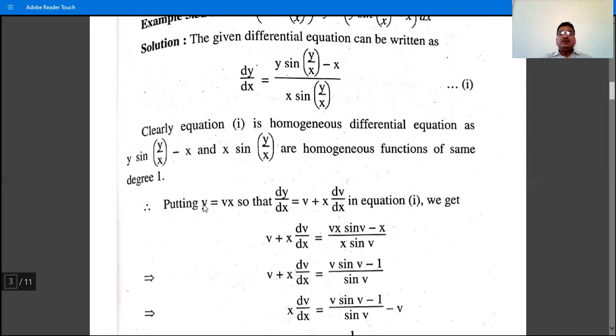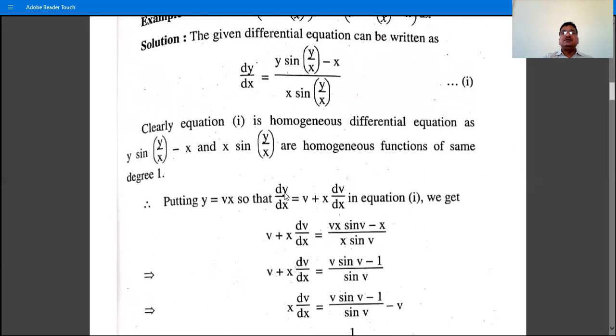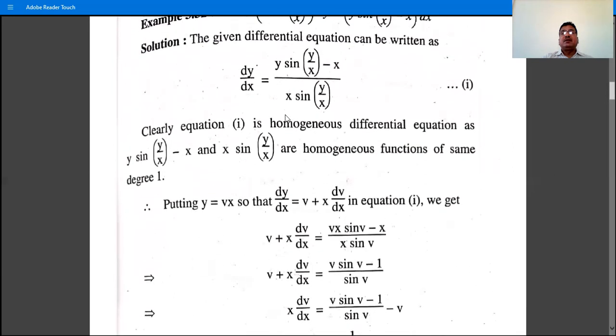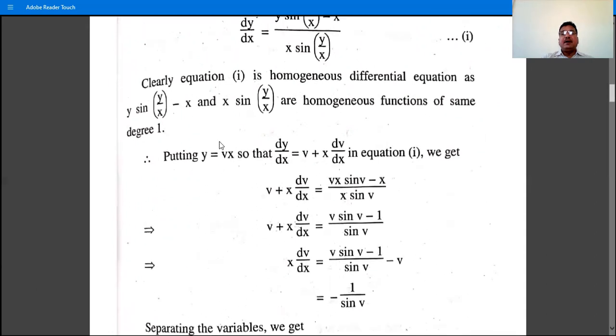So to solve this homogeneous differential equation, substitute y is equal to vx, so that dy by dx is equal to v plus x dv by dx, and therefore equation 1 becomes v plus x dv by dx is equal to, substituting y as vx, sin y by x is sin v, since y is vx means y by x is v.